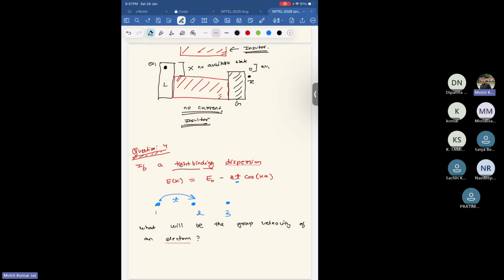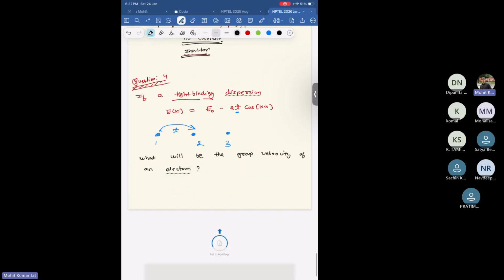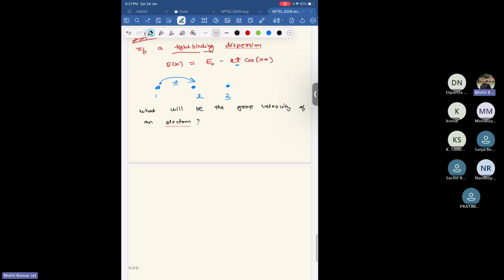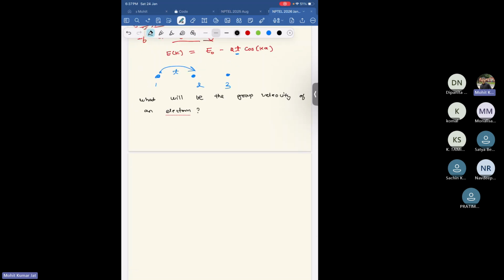We all know that the group velocity is v = 1 by h bar del E by del k. So if this is the dispersion, let's take the first derivative of the energy. The derivative of E naught with respect to k is 0, because E naught is a constant.